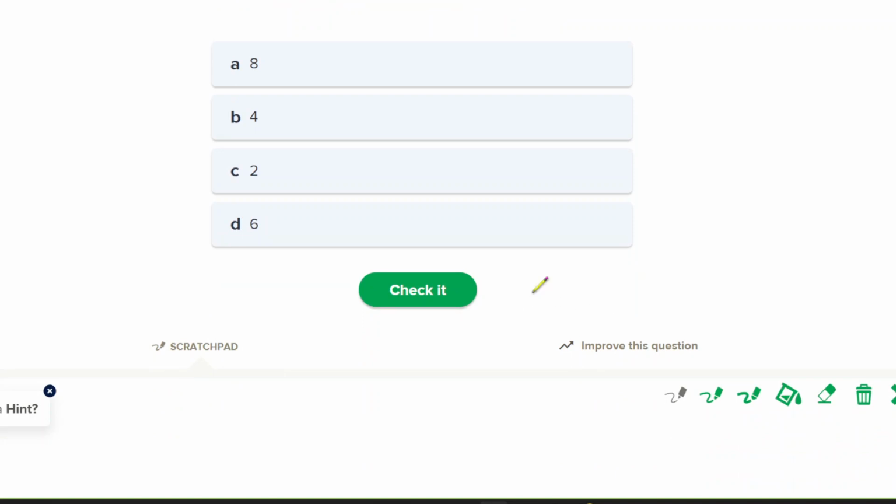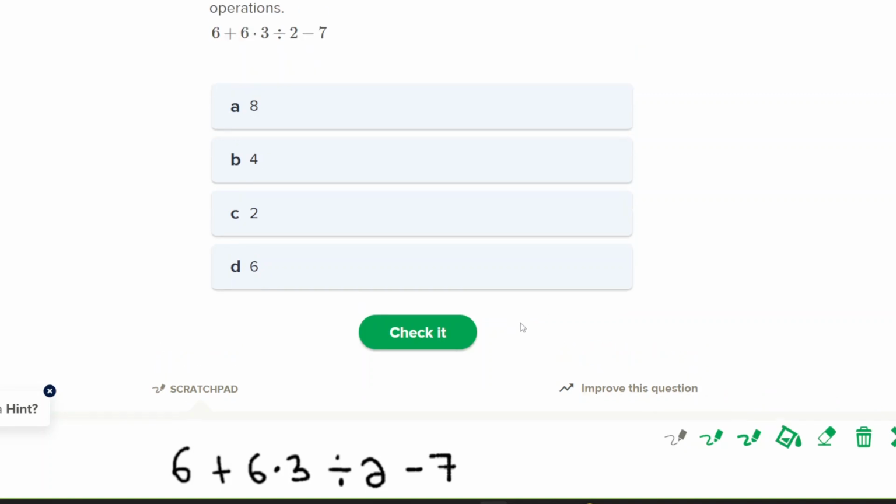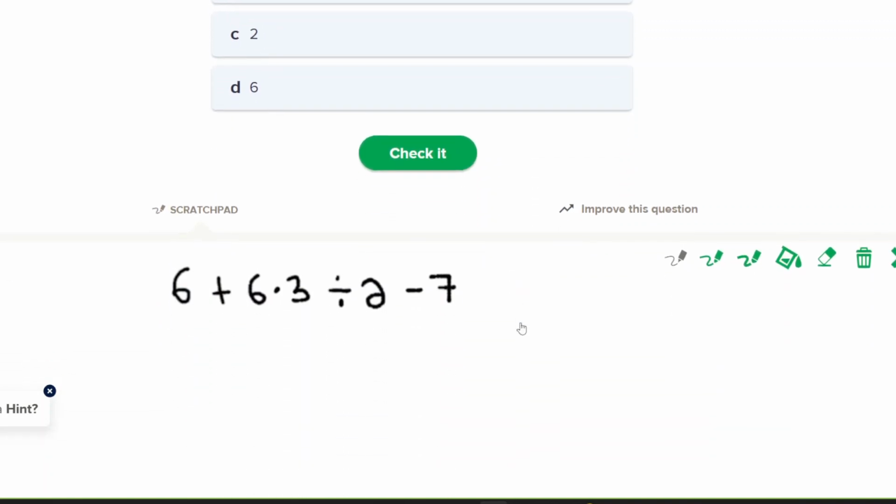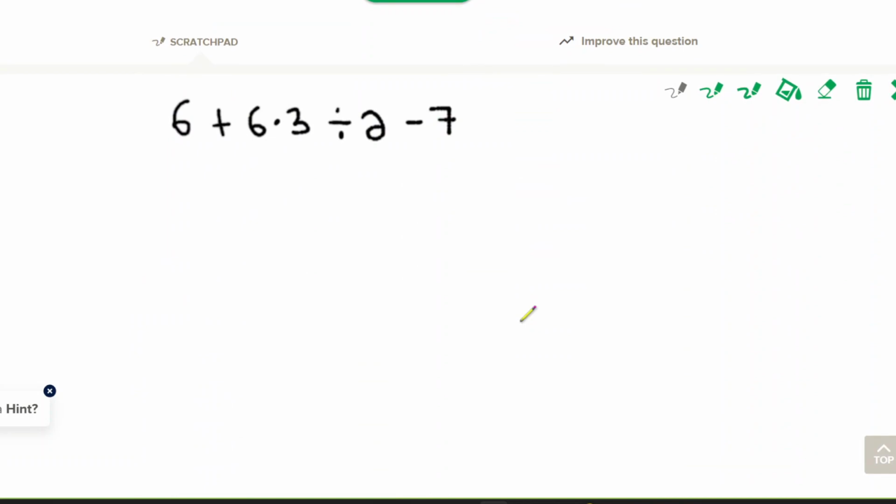So it was 6 plus 6 times 3 divided by 2, and then I believe it was minus 7. Let me just make a quick double check on that. Yes. All right. So once again, I'll write out just the acronym, the letters, PEMDAS.